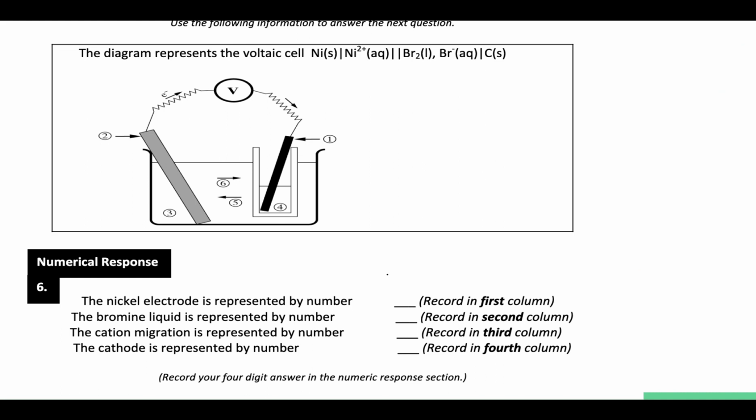Looking at our diagram, we have a cell, and we do see electrons are going from number 2 to number 1. So 2 would be your anode, 3 would be your cathode. So looking at what's reacting, we have your OAs, your RAs, and you also have an inert electrode to help this reaction. So your strongest RA is your nickel 2 positive.